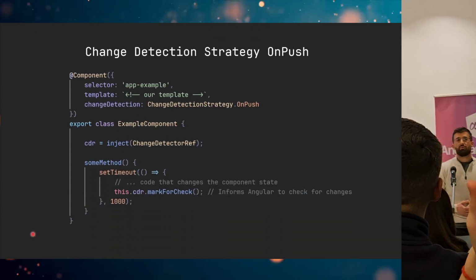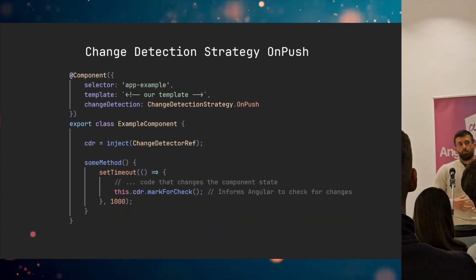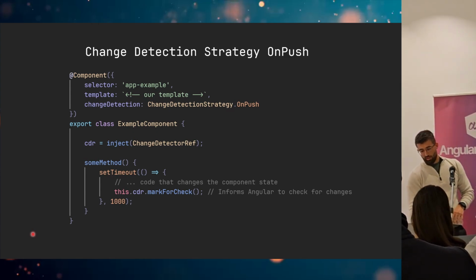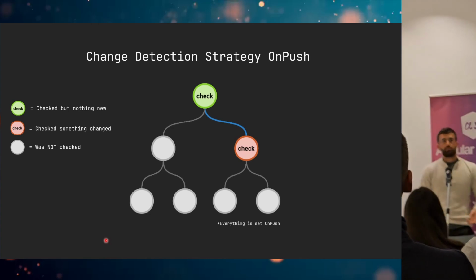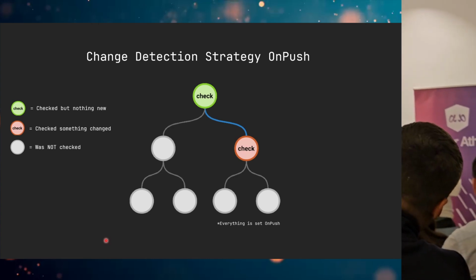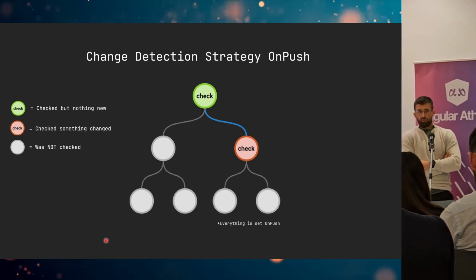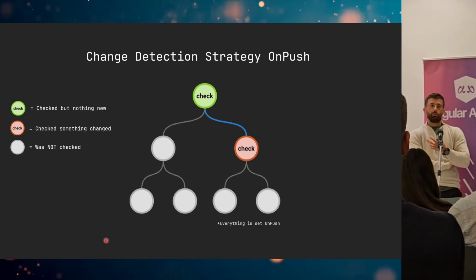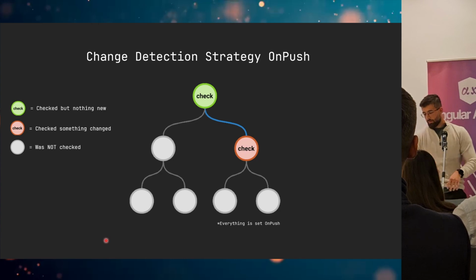So to compensate for that, Angular provides us OnPush as well, which is a change detection mechanism that basically checks only data-bound input properties, and when you actually trigger change detection manually, like in the example here. This can significantly improve performance, especially in large applications, and it reduces the scope of the change detection cycle. It also gives us more control over what is being rendered and when. However, this is also a drawback because you as a programmer have to know when to synchronize the state with the UI.